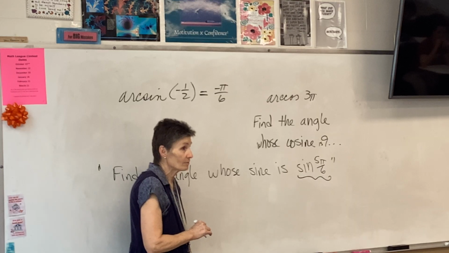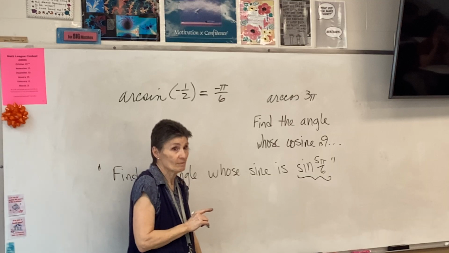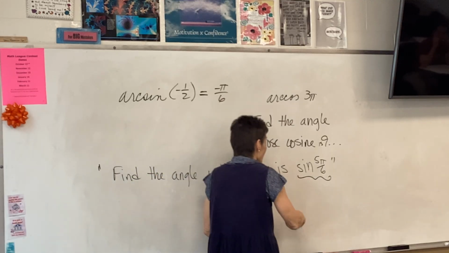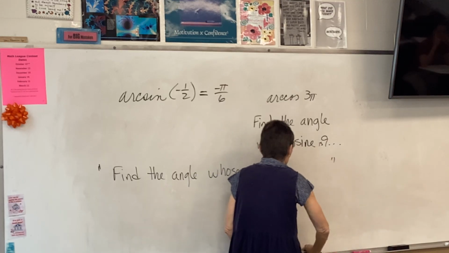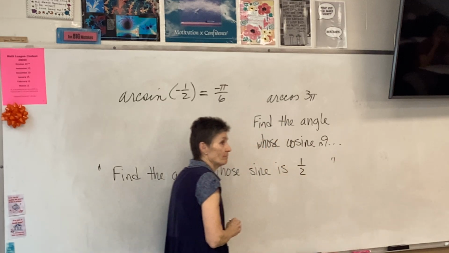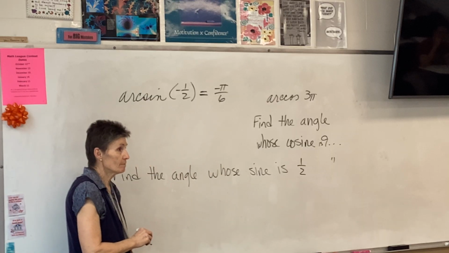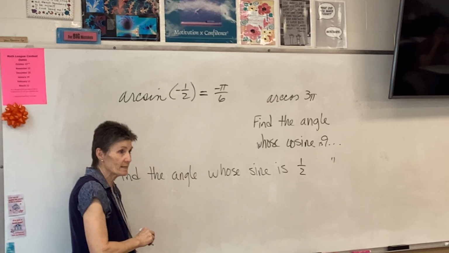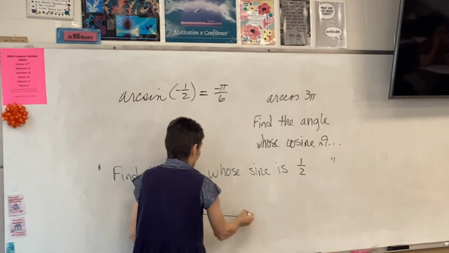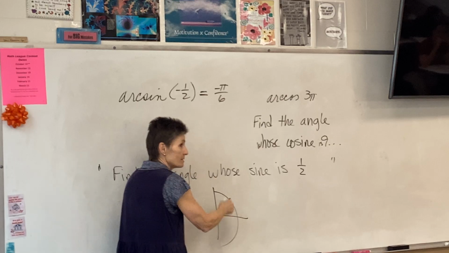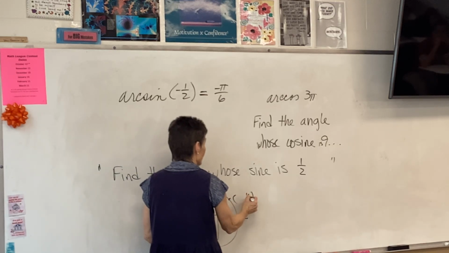1/2. 5 pi over 6 up here in quadrant 2. Isn't that 1/2? So now we are finding the angle whose sine is 1/2. What angle is that that has a y value of 1/2?